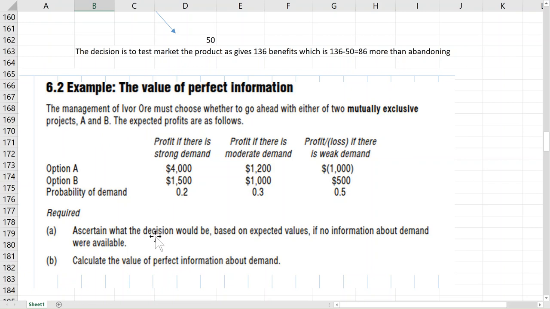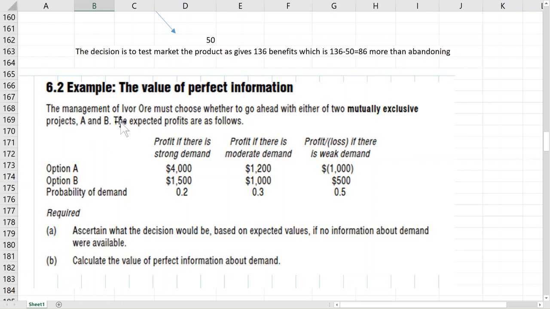Ascertain what the decision should be based on expected value if no information was available, and then calculate the value of perfect information. The management must choose whether to go ahead with either of two mutually exclusive projects. Remember, mutually exclusive means one or the other project can be selected.